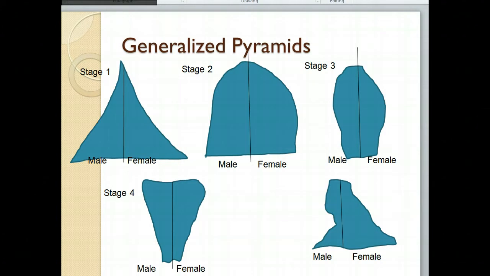It's probably a stage 1 or early stage 2 population, and something has happened to the young males from ages 20 to 40, where there's been a huge decrease in the male population. This might be common in the event of some kind of conflict or war. You might see population change like that.